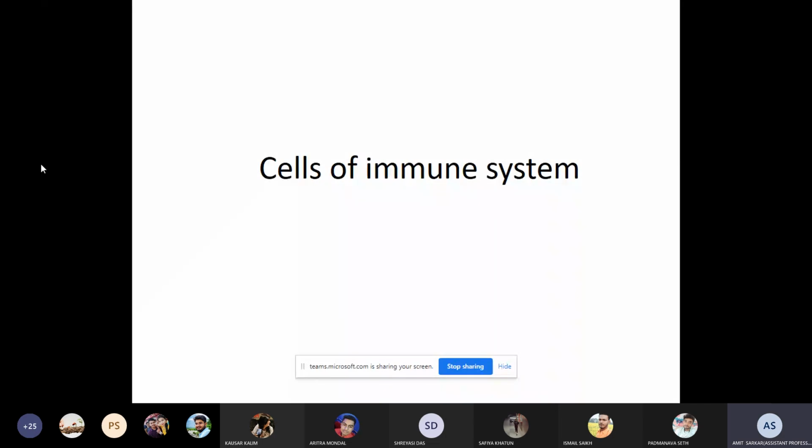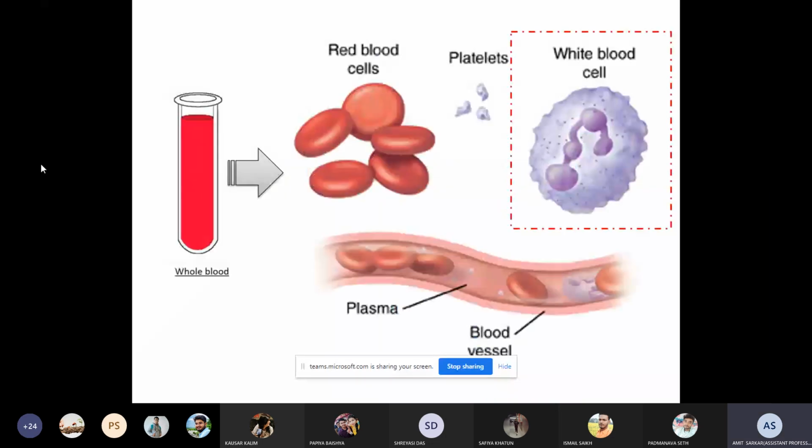So we said that if you look into the blood, it has four different types of components. One is red blood cells, another is platelets, third is white blood cells, and then the plasma, the watery part of the blood. Red blood cells and platelets do not have anything to do with immunity.